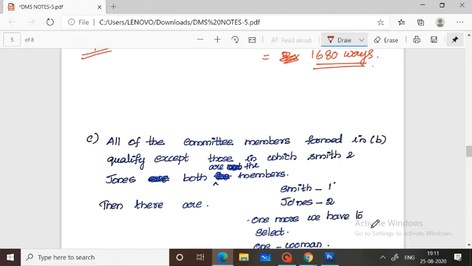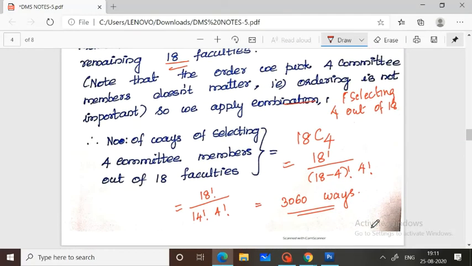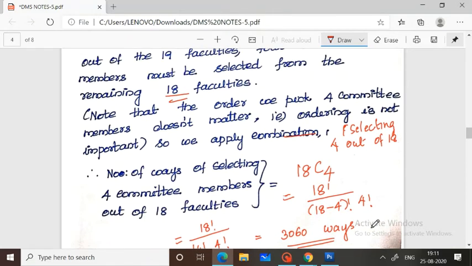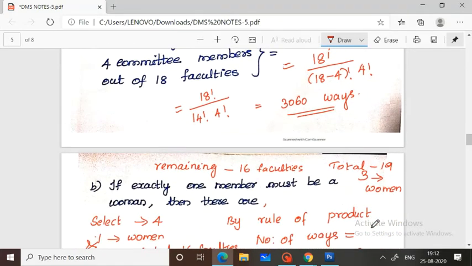ഇതാണ് നമ്മളിവിടെ ശ്രദ്ധിക്കേണ്ട കാര്യം. ബാക്കി 2 കേസസും കുഴപ്പമില്ല, ഓർഡിനറി നമുക്ക് മനസ്സിലാവുന്നതാണ്. അതായത് ഔട്ട് ഓഫ് 19 ഫാക്കൽറ്റീസ് ഉള്ളതിൽ ഒരാൾ ചെയർമാൻ ആണെങ്കിൽ ചെയർമാൻ ഇൻഎലിജിബിൾ ആണെന്ന് പറയുന്നുണ്ട്. സോ ചെയർമാൻ ഇൻഎലിജിബിൾ ആണെങ്കിൽ ബാക്കി 18 മെമ്പേഴ്സിൽ നമ്മൾ 4 സെലക്ട് ചെയ്യണം. സോ ഔട്ട് ഓഫ് 18C4. അടുത്തത് രണ്ടാമത്തെ കേസ്, if exactly 1 member must be a woman. അതിൽ ഒരു 4 പേര് നിങ്ങൾ സെലക്ട് ചെയ്താൽ 1 should be a lady. അപ്പോൾ that means here given that totally 3 women is there.